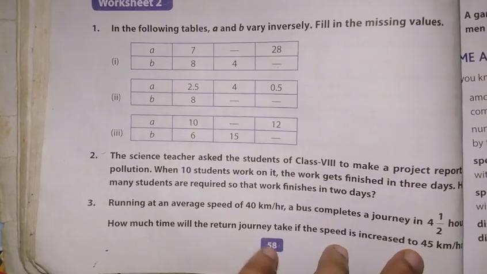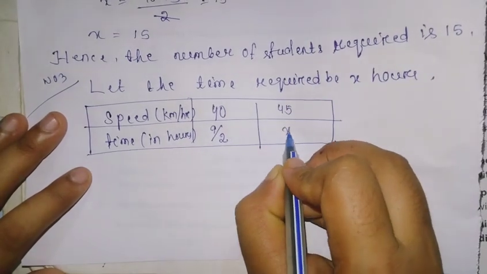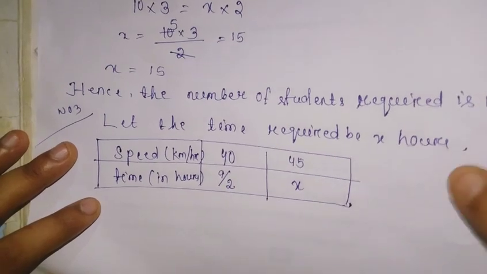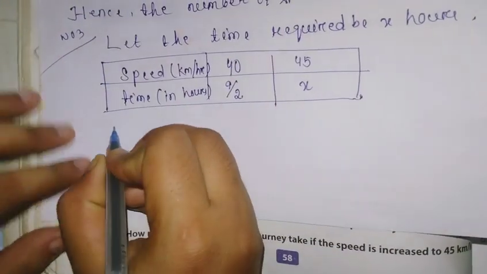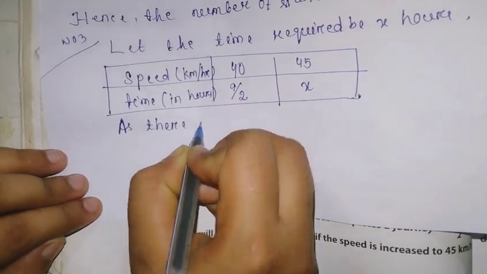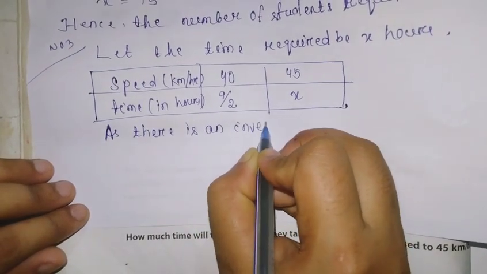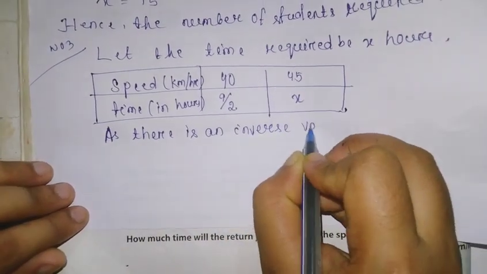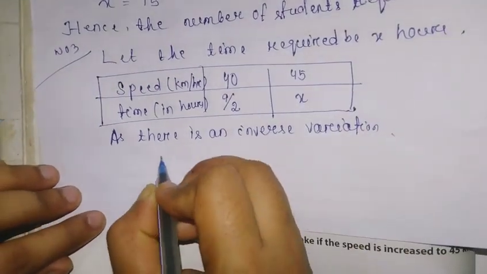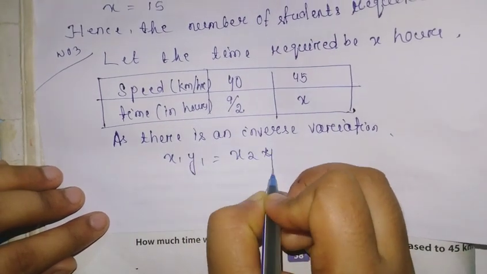Then speed is 45 kilometer and time is x. As there is an inverse variation, x1 into y1 equals x2 into y2.